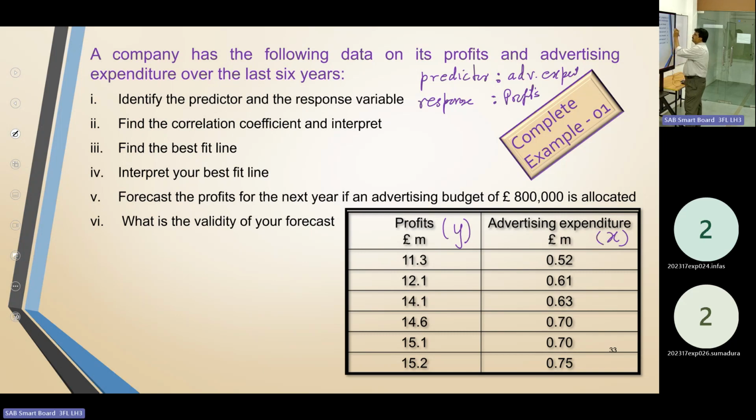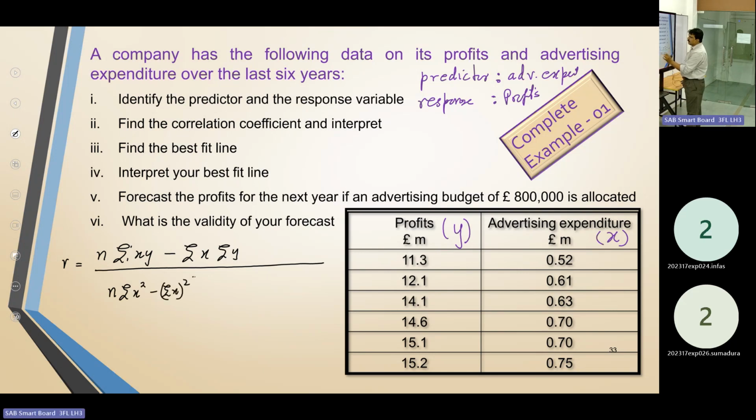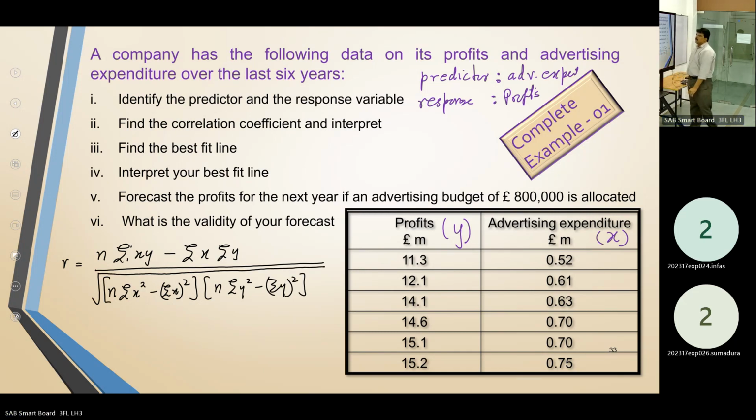So the formula: R equals N sigma xy minus sigma x sigma y over the square root of N sigma x squared minus (sigma x) squared, times N sigma y squared minus (sigma y) squared. Don't forget the big square root over the other part.